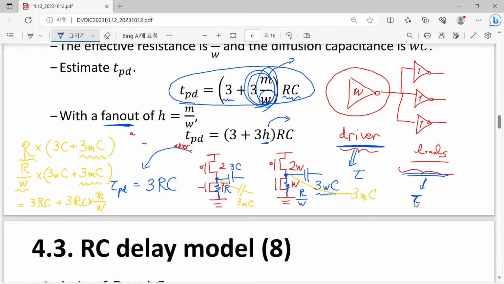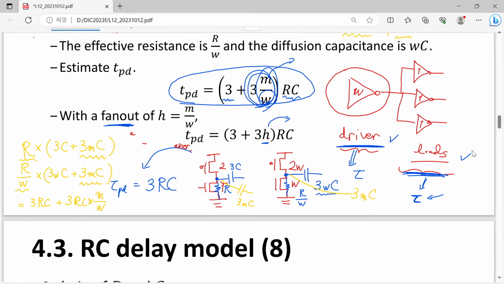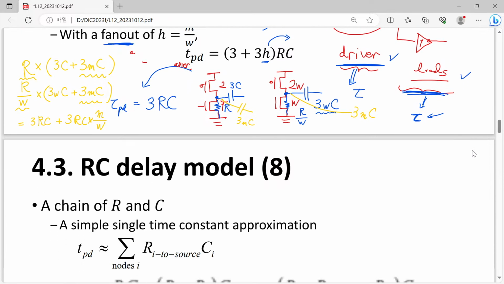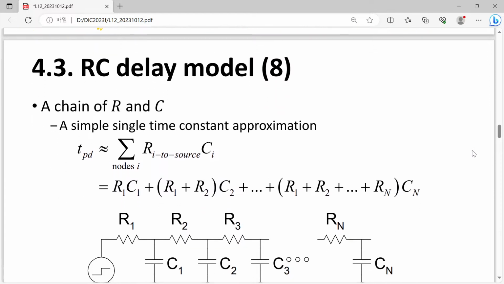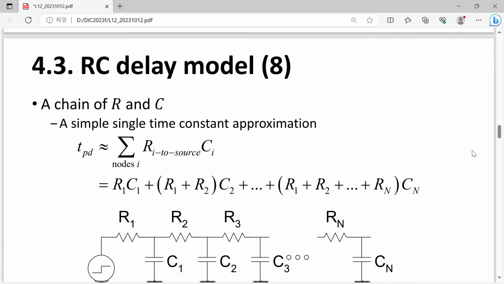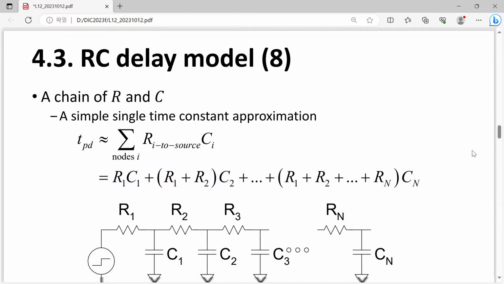However, this tau is not solely determined by the load itself, but the relative strengths between driver and load are important. That is the main message of this lecture today.